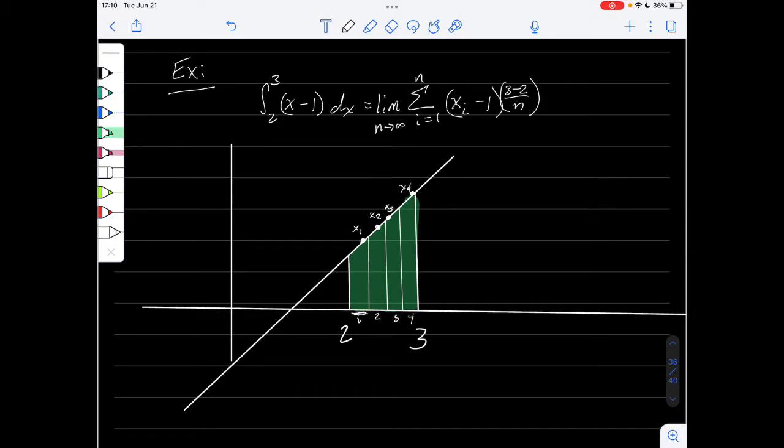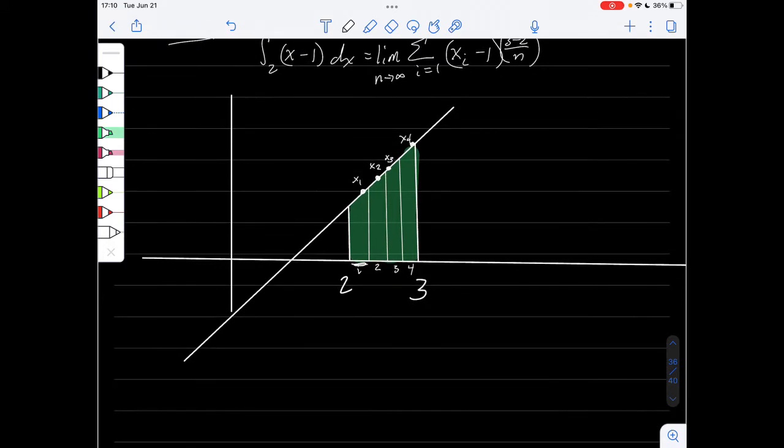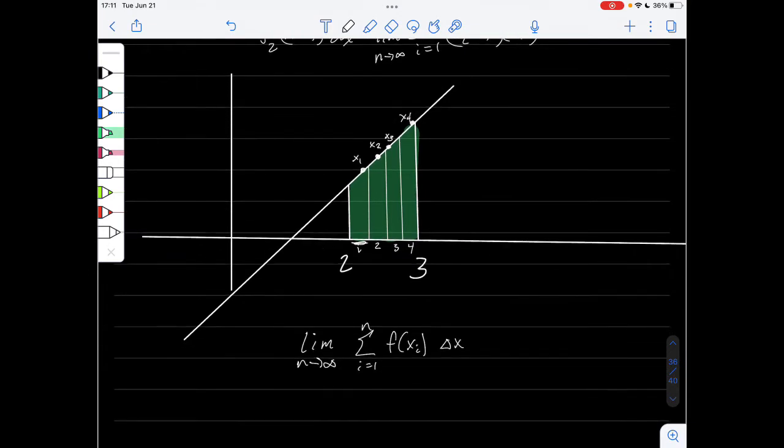And this guy, the limit as n goes to infinity of the sum from 1 to n of f of x sub I delta x, has a very special name. It's called the Riemann sum.